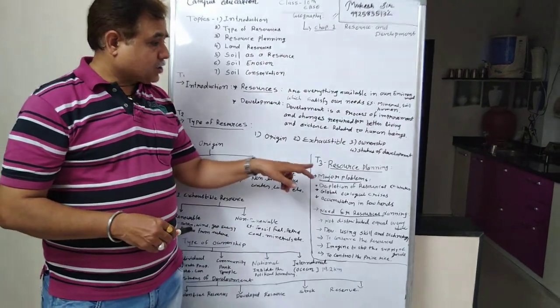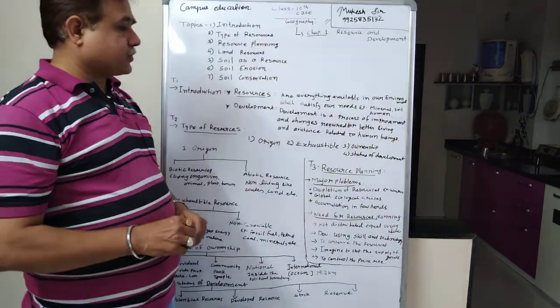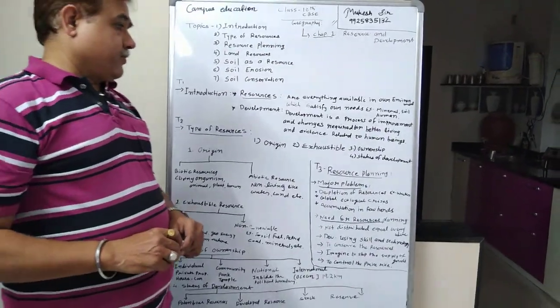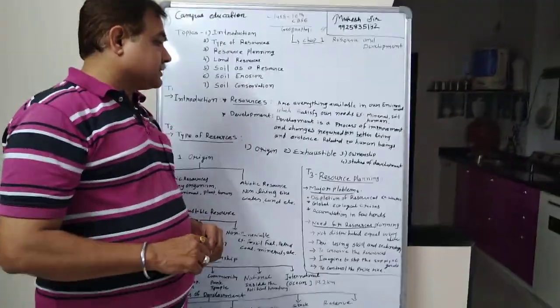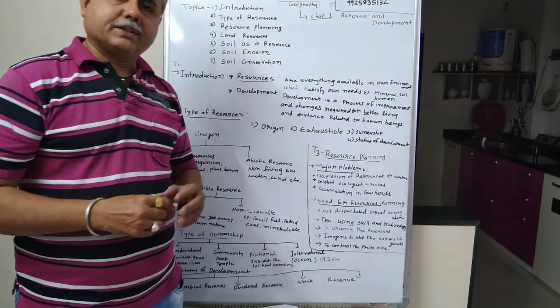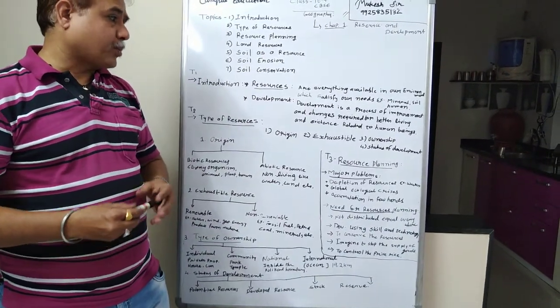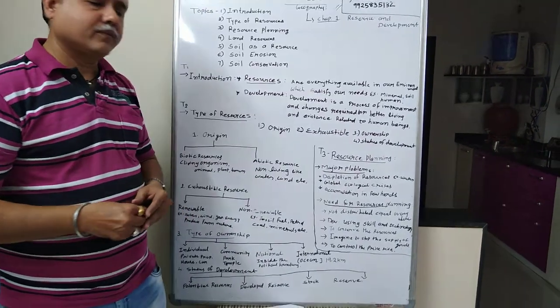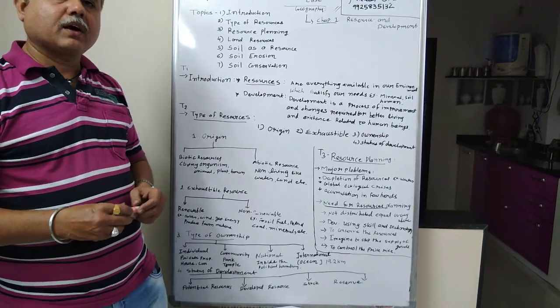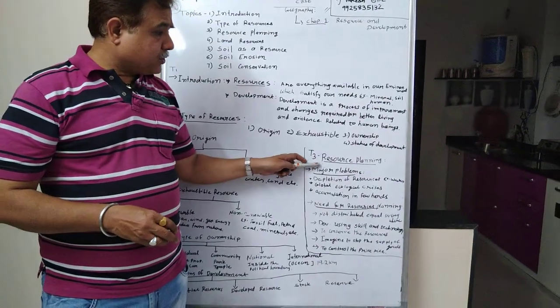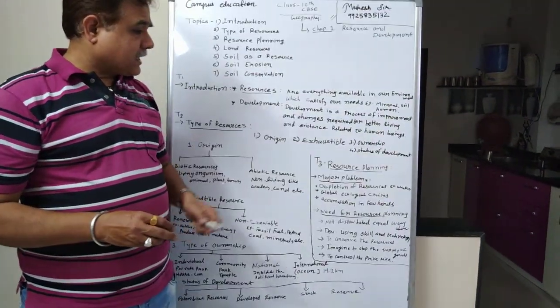Let's see topic 3, resource planning. You know friends, we have many resources that we must use properly and planning-wise. Otherwise we will have many difficulties. So we have to use them planning-wise.